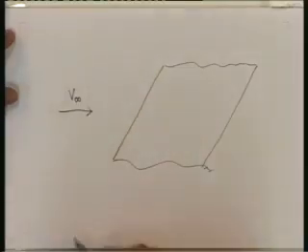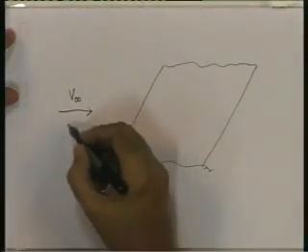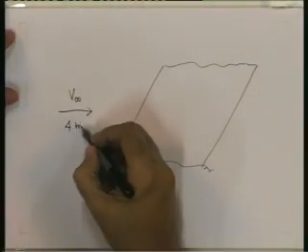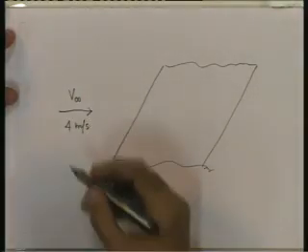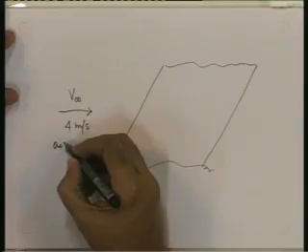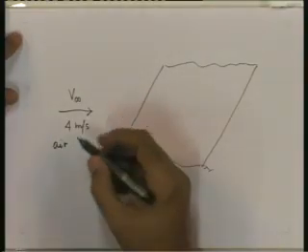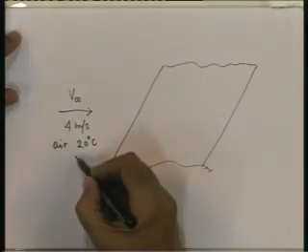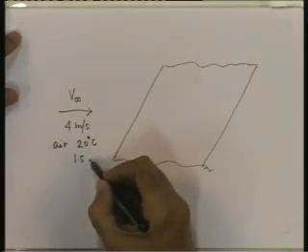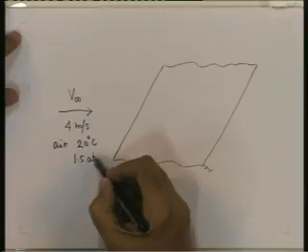The free stream velocity V infinity is 4 meters per second. And the fluid is air at a temperature of 20 degrees C, but at a pressure of 1.5 atmosphere.